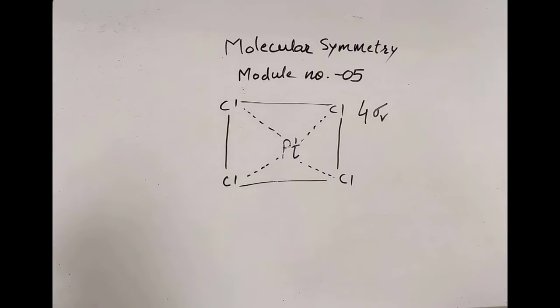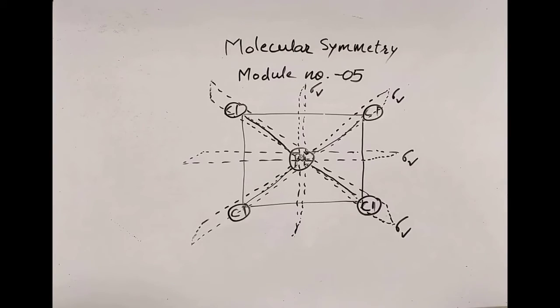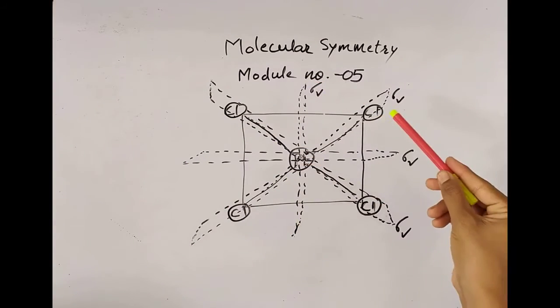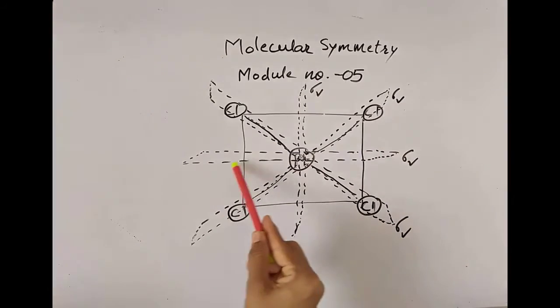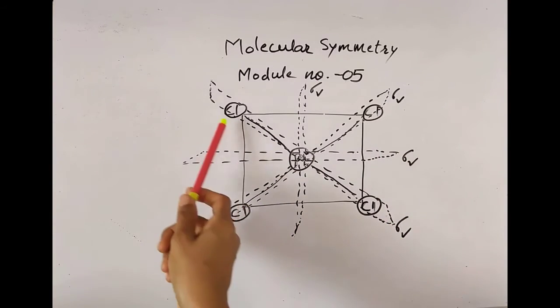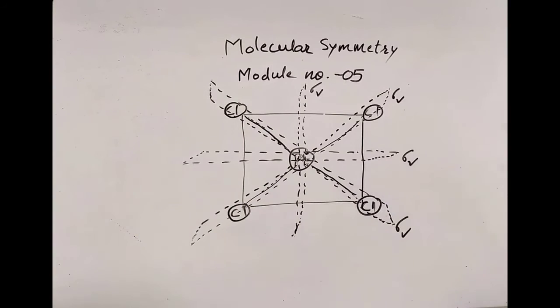So in PtCl4 molecule there are 4 vertical planes. In this way we have passed the 4 vertical planes in PtCl4 molecule. This is the first, second, third and fourth vertical plane.